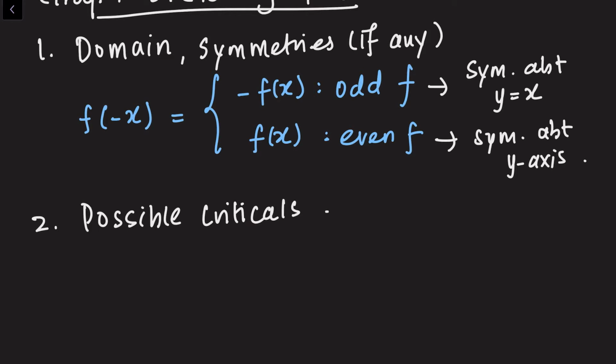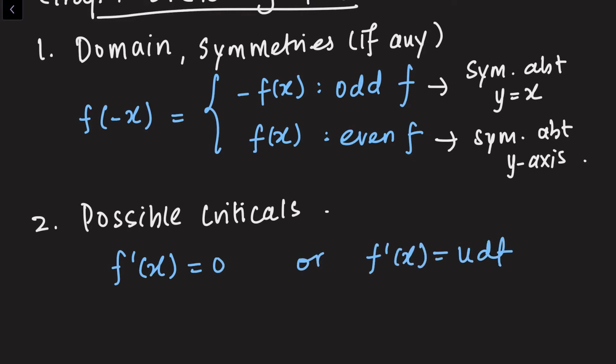Okay, and we are in calculus class, so the way that we find possible criticals is that we let the first derivative be 0, or I think I should use blue color to indicate this is the step that you need to do, equals to 0, or like I said, let it be undefined to find the critical points.